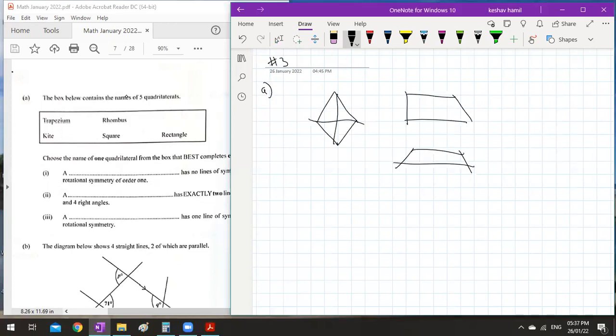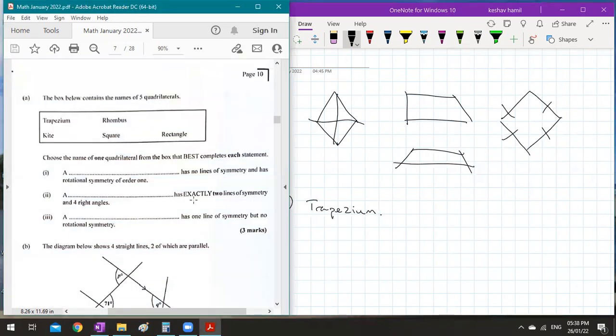But a rhombus, however, all the sides are equal, so even though they are at an angle, all the sides might be equal. So therefore, for part 1, the answer is trapezium. A trapezium does not necessarily have lines of symmetry.